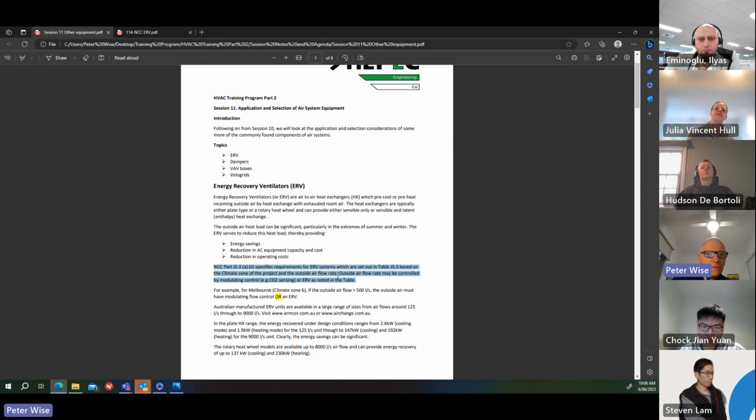So this, again, for Ilias here in New Zealand, but we have similar requirements over there, but this is Australian requirements. The outside air flow rate may be controlled by modulating control, for example, CO2 sensing. If you have CO2 sensors in the space, you can modulate the outside air to maintain a certain maximum CO2 level, or use an ERV.